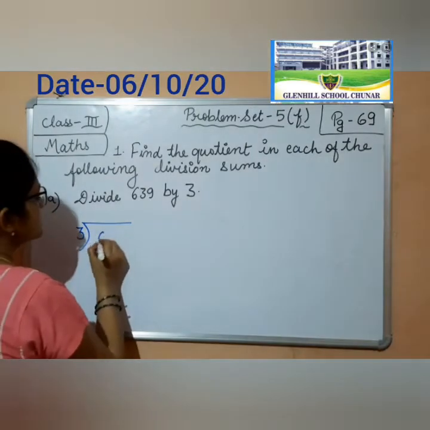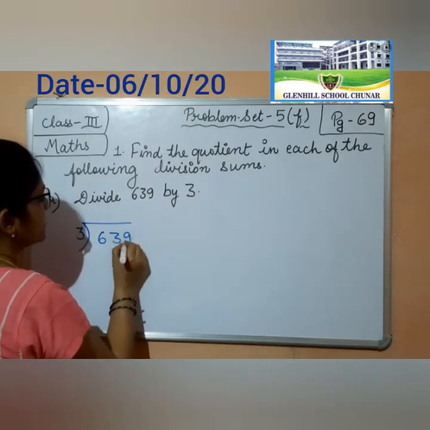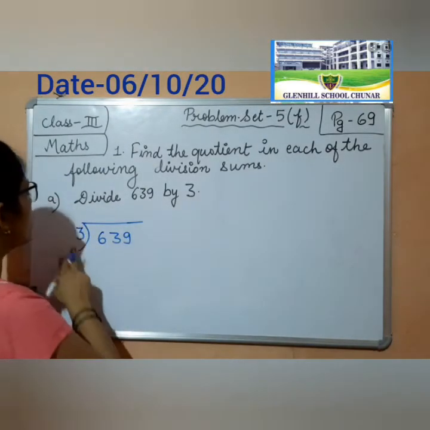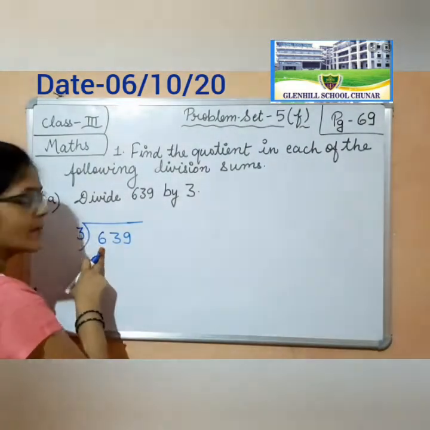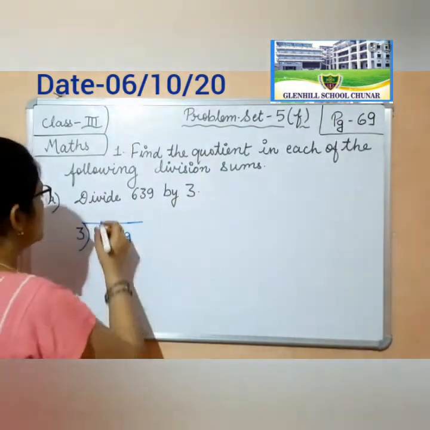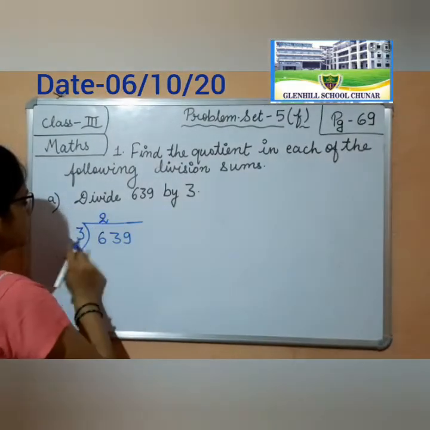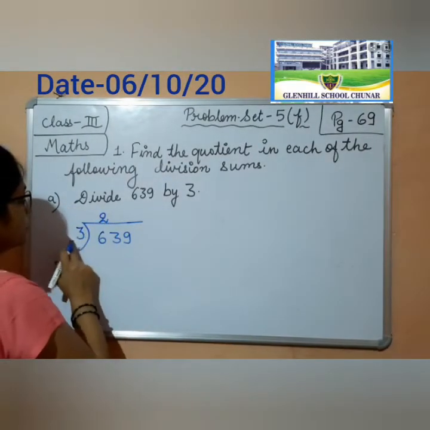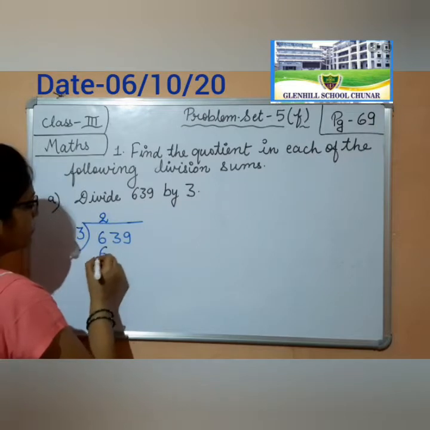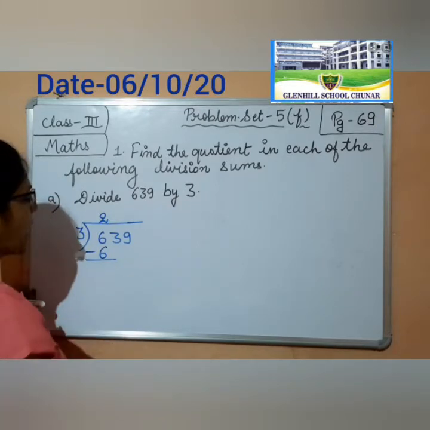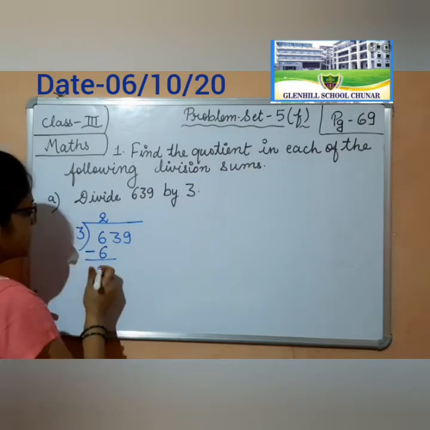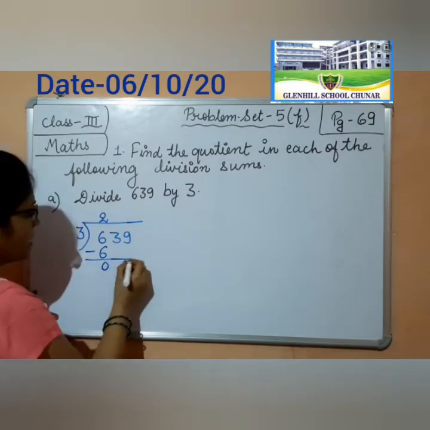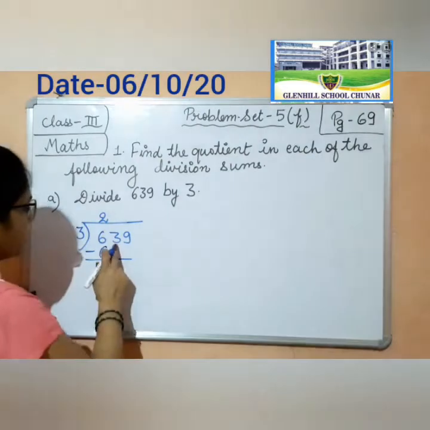Now here 6, 3, 9. Okay student, now in 3's table, how many times 6 will come? So 6 will come in 2 times. 6 2s are, 3 2s are 6. Okay, 3 2s are 6. So I have done here minus. So 6 minus 6 is 0. Then I have put 3 here.